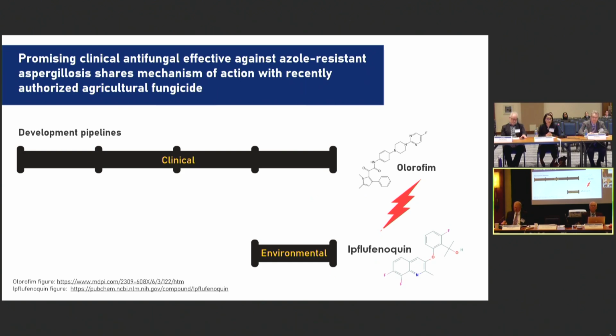But in parallel, a new fungicide called ipflufenoquin, recently authorized as of last year, shares the same mechanism of action as olorofim. So it raises the concern, are we just heading down the same path? Are we repeating history of what we're seeing with azoles, where we're using the same mechanism of action for agricultural fungicides as we're using for clinical antifungals? Next slide.